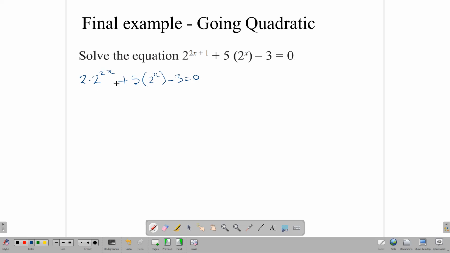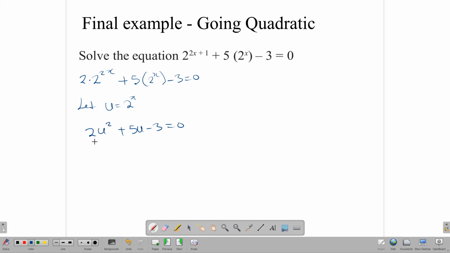Of course, realizing it looks quadratic, we're going to make a substitution, and that substitution is let u equal 2 to the x. If that's the case, then we can write 2u squared plus 5u minus 3 equals 0. Now, the 2 to the x is replaced by u, and we have this 2 here, which becomes a power. So this equation can be factorized, or you could use the formula to solve it.